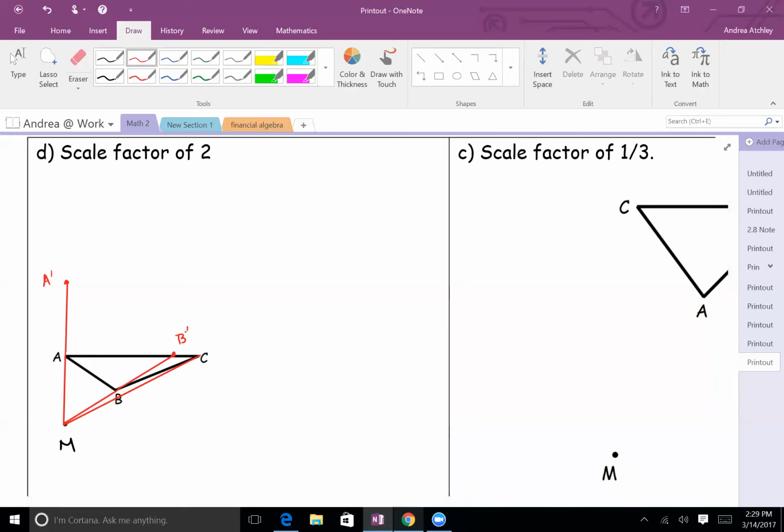Then do the same thing with M to C. Measure the distance from M to C. And just add another one onto it. This is C prime. Any questions over that? Is everyone there with me now? Now we're just going to connect those dots to make my new triangle.